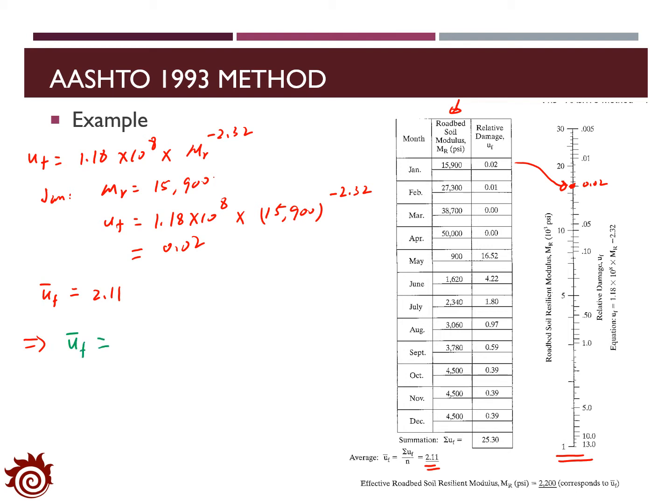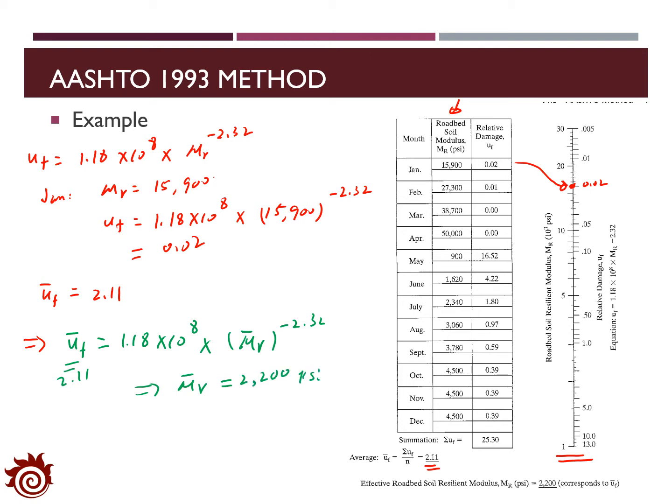UF bar equal to 1.18 times 10 to the power 8 times MR bar to the power of minus 2.32, by giving the value of UF bar as 2.11. You can solve the value of MR bar as 2,200 psi.